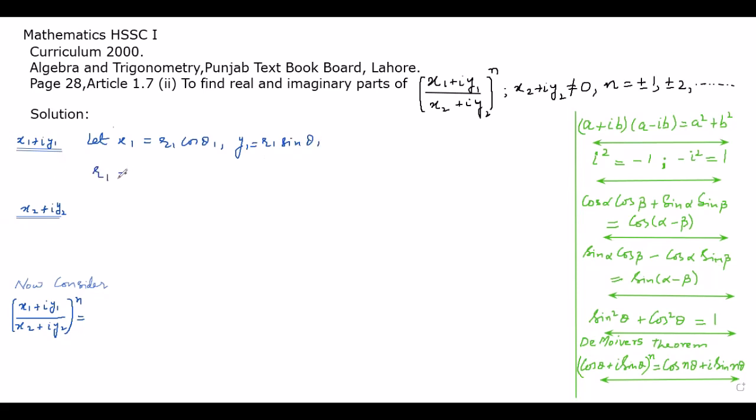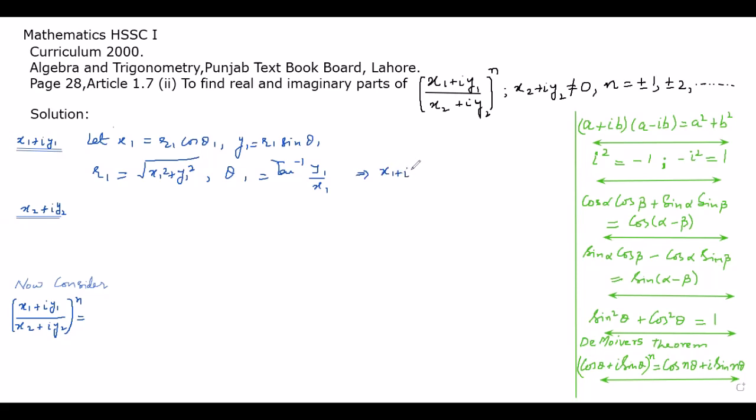So r1 becomes the square root of x1² + y1², and θ1 becomes tan inverse of y1 divided by x1.